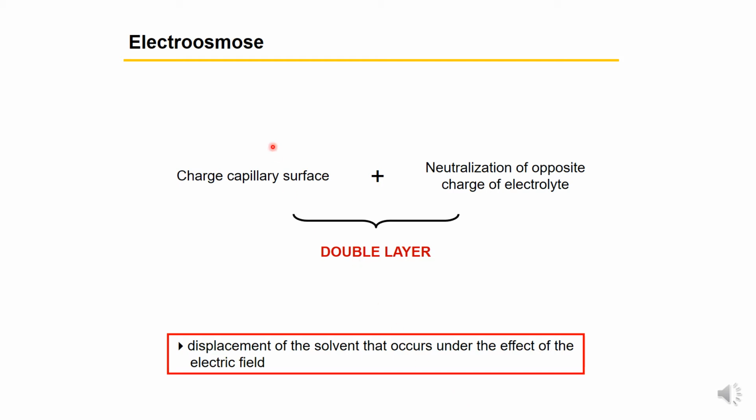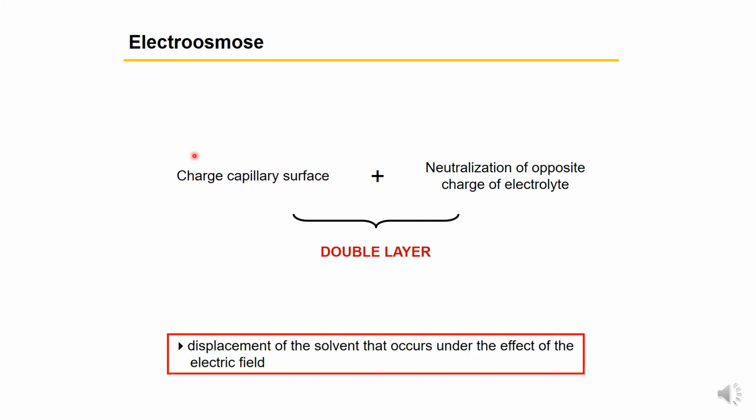So the electroosmosis, or the electroosmotic flow, is based on a phenomenon on the inner surface of the capillary and due to the presence of silanol. You have a charged capillary surface, plus, of course, the neutralization of the opposite charge by the electrolyte.